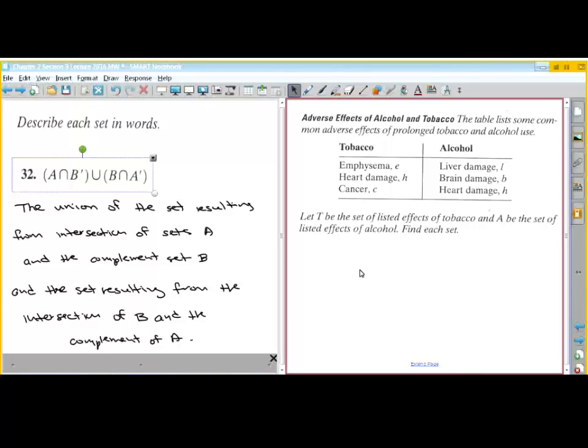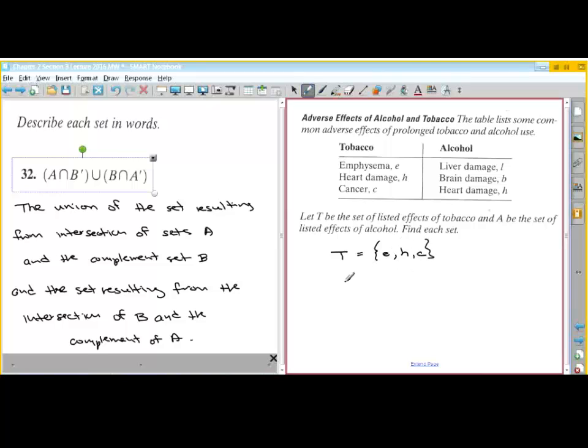And so rather than writing it all out, we want to come up with some mathematical way of representing this information. So the way we would do that is instead of saying tobacco, we would use a letter that represents tobacco. So we would say T, and rather than saying the effects of tobacco are emphysema, heart damage, and cancer, we would say T consists of the set of the letters E, H, and C, which in turn represent those 3 things that you can get from doing bad stuff like smoking tobacco.